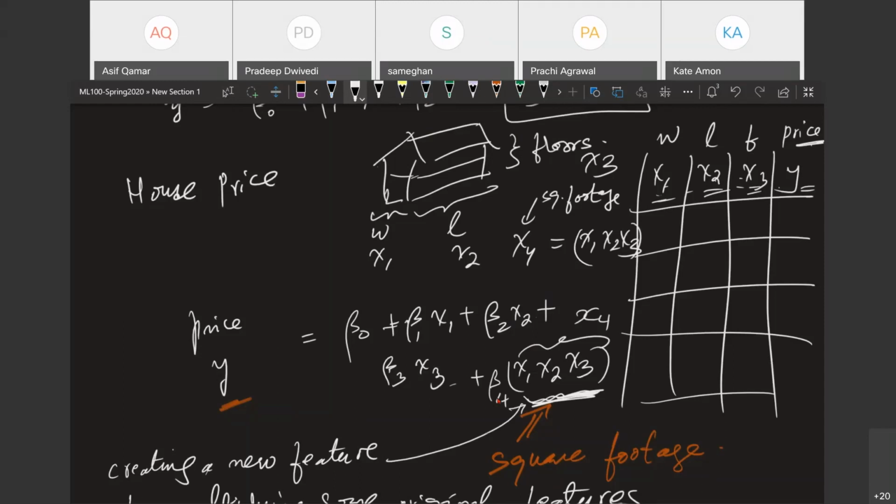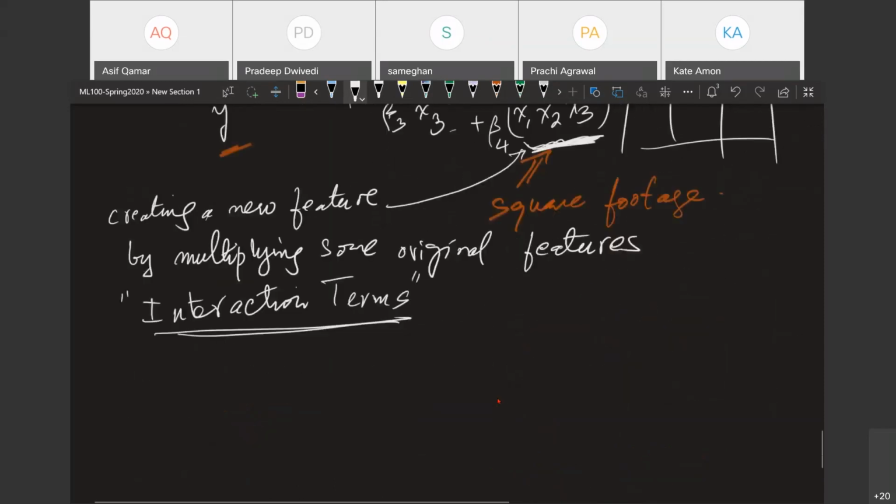You may keep them in the equation, but predominantly, the most important feature will become your x4 feature. This is just extending the standard linear model with interaction terms. Previously we saw we could add polynomial terms. Now they are interaction terms. It's very simple, guys. That's all there is to it.